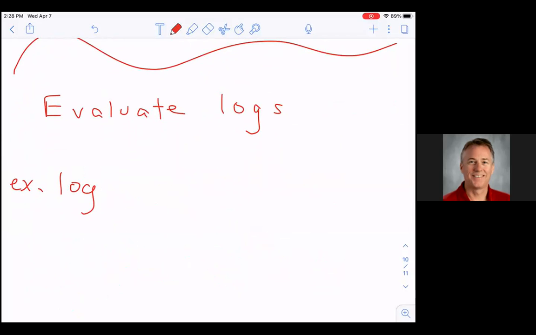They all have a base. The base is written as a subscript. So let's make this log base 2. The 2 is written below the log and smaller as a subscript. So log base 2 of 32.